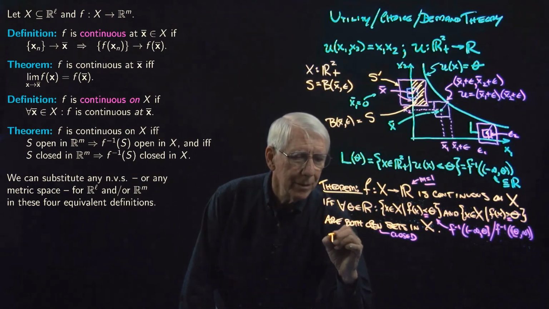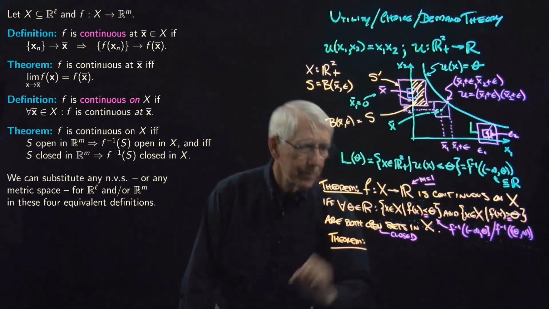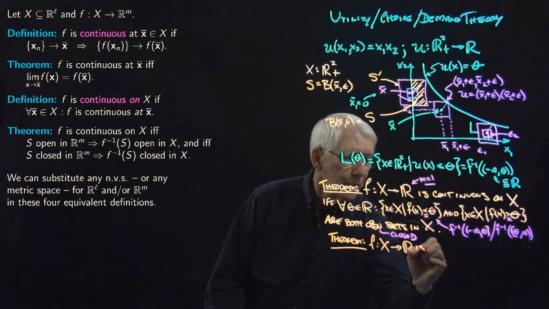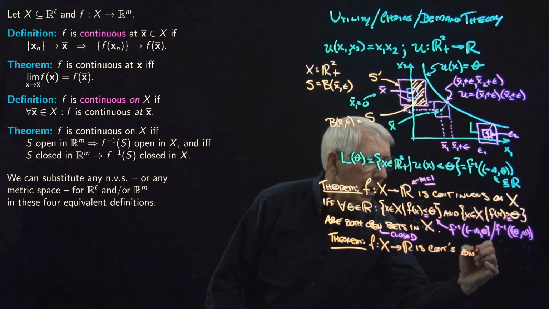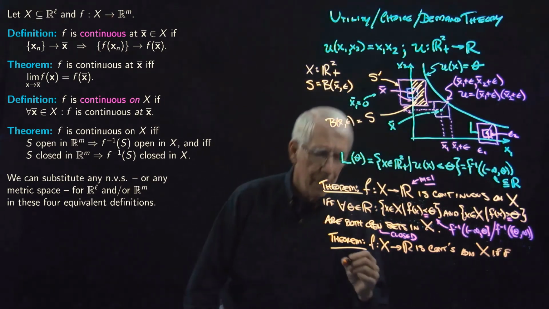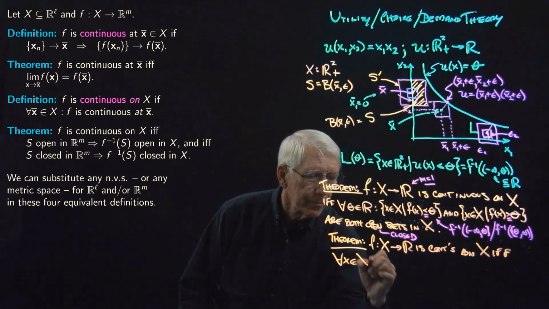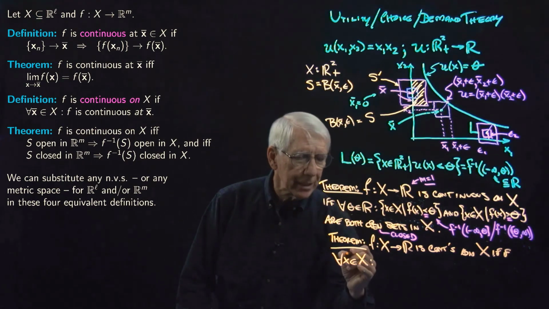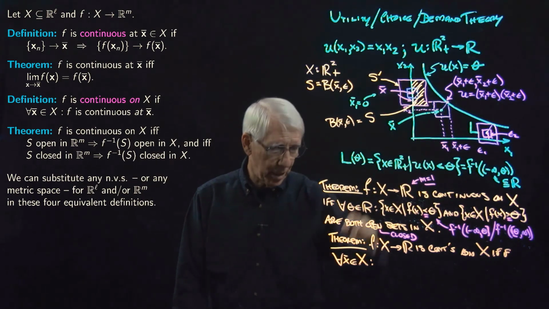One more theorem, then we'll be done. A real valued function is continuous on capital X if and only if for every point in the domain, capital X, it is the case that, in fact, let's make that an X bar. I don't want it to be confused with the X bar up here.